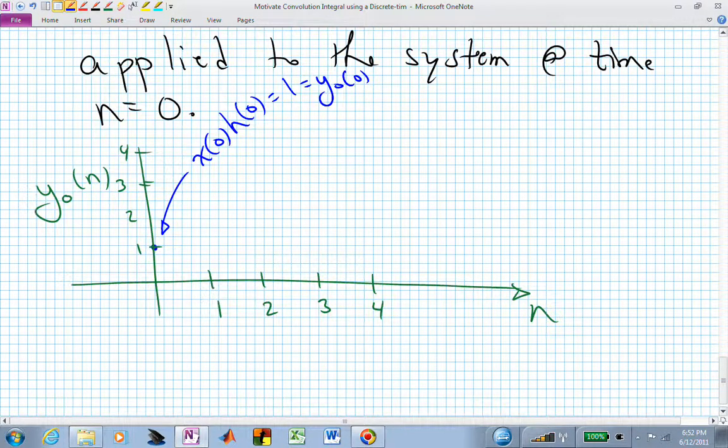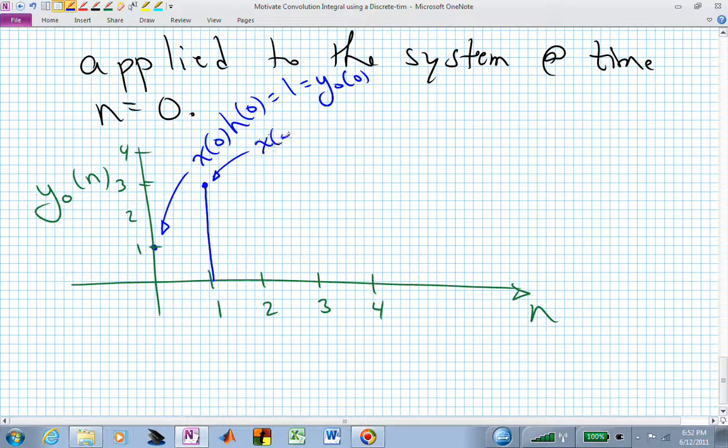At time 1, we now had a pulse response at time 1 equal to 3/2. We scale that by 2, and we will then have a value of 3 for that particular piece of our output response.